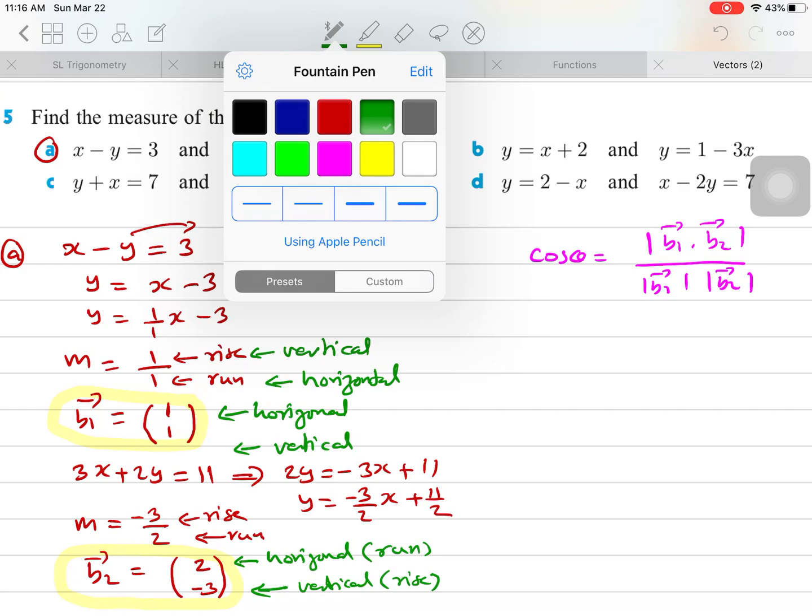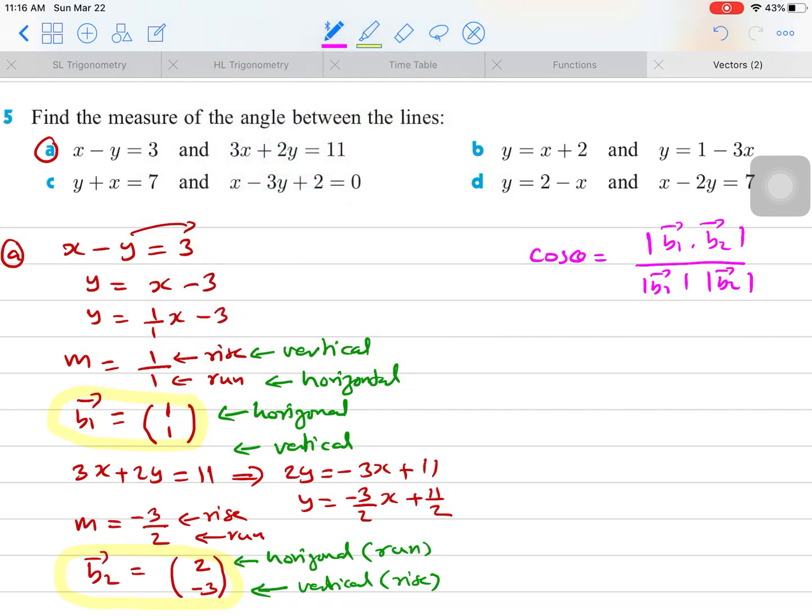So now that we have both b1 and b2, I can calculate the angle between the two lines. So cos theta is equal to the absolute value of (1, 1) dot (2, minus 3) divided by modulus of b1, root of 1 square plus 1 square, into root of 2 square plus minus 3 square.